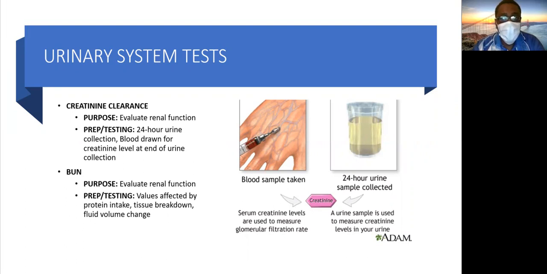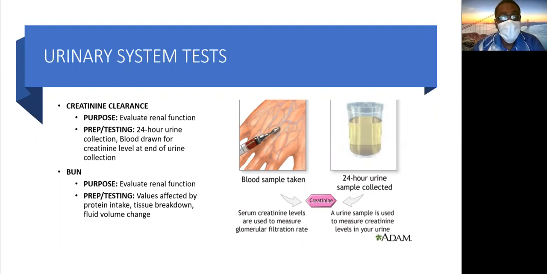So there's a 24-hour urine collection, and blood is then drawn for creatinine level at the end of the urine collection. Normally, the normal range should be between 1.42 and 2.08 mL per second.